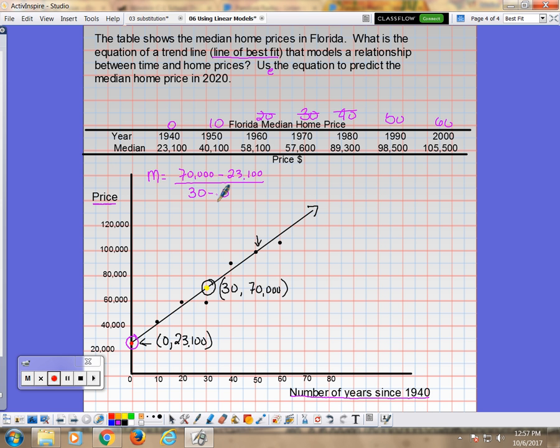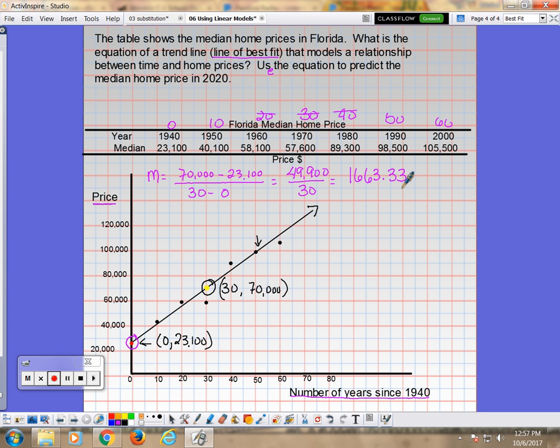When I do this, I get 73,000 minus 23,100, and I come up with 49,900 over 30. Because this is a word problem, we're going to go ahead and divide that and get ourselves a decimal of 1,663.33, which we know would be 1/3.